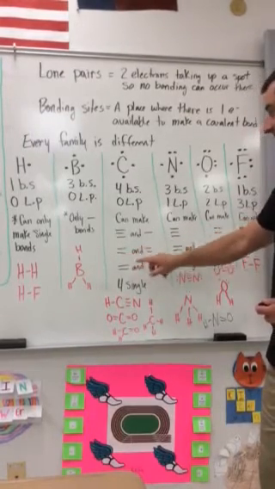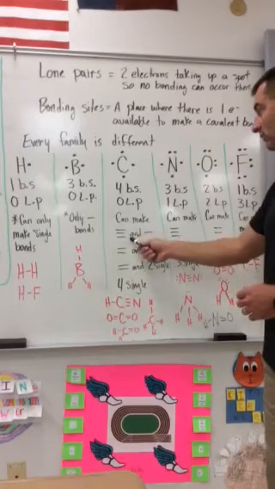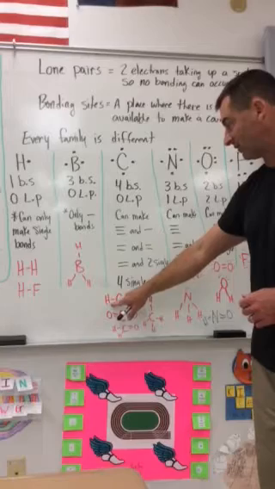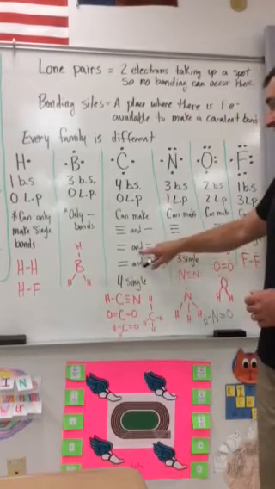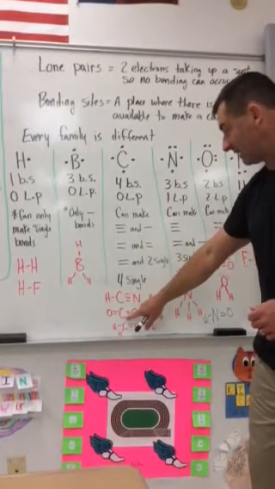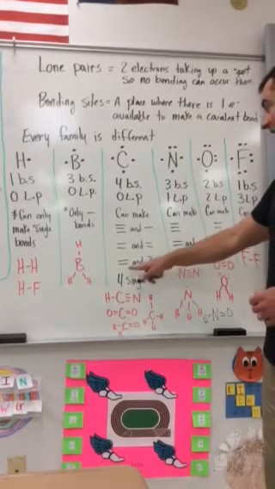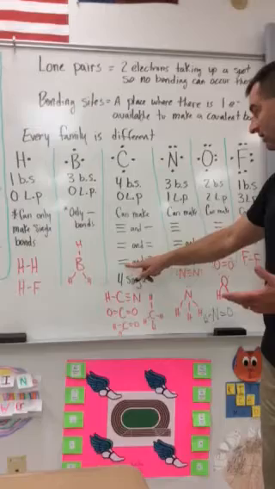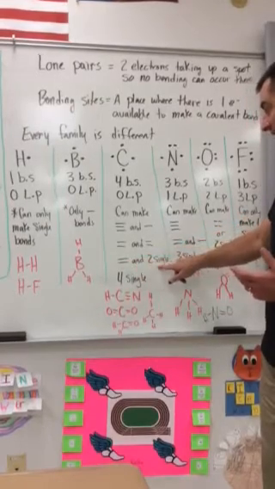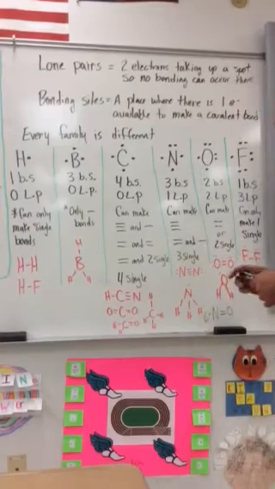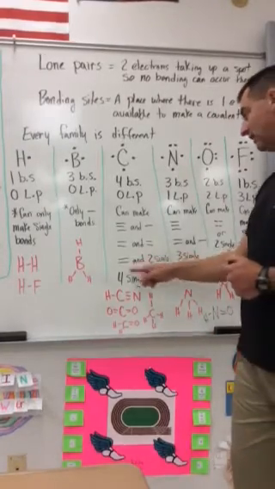That's 4 bonds. What's it going to make triple bonds with? It's going to tend to make triple bonds with nitrogen's family, single bonds with hydrogens and halogens. What's it going to make double bonds with? It's going to tend to make double bonds with oxygen's family. It could also make a double and two single bonds. Usually it's going to make a double bond with oxygen and then a hydrogen or halogen to make the other two single bonds.